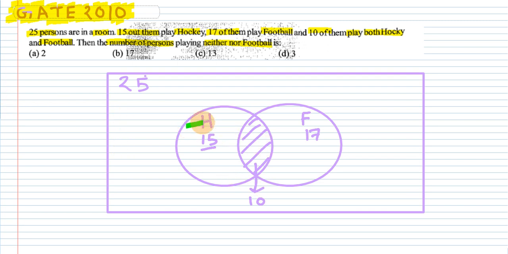So for finding the persons who only play hockey, what we can do is minus this common region, which represents 10 players. If we minus this 10 from the 15, then we will get how much? 15 minus 10, so 5.